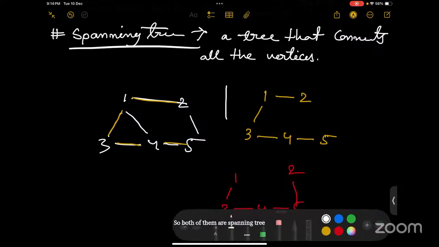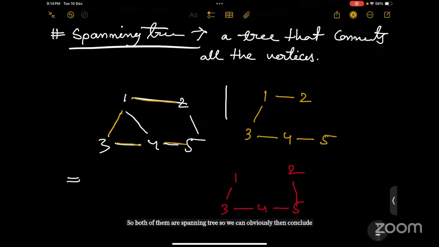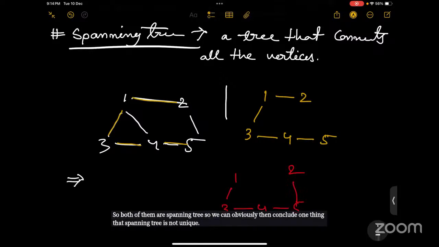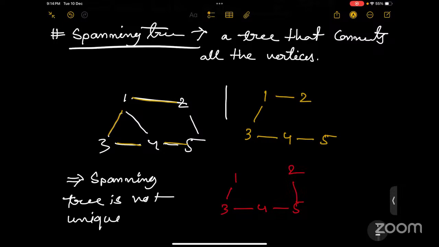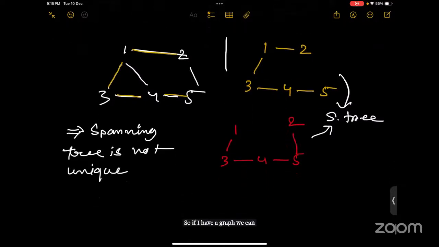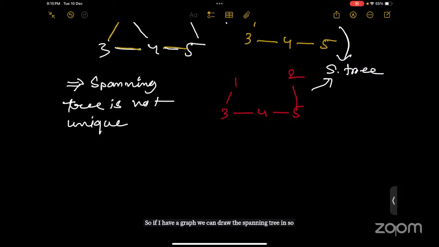So we can obviously conclude one thing, that a spanning tree is not unique. If I have a graph, we can draw the spanning tree in so many ways. So a spanning tree is never unique.